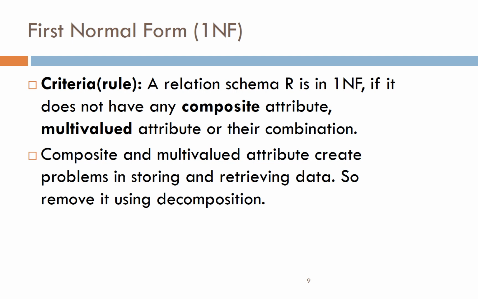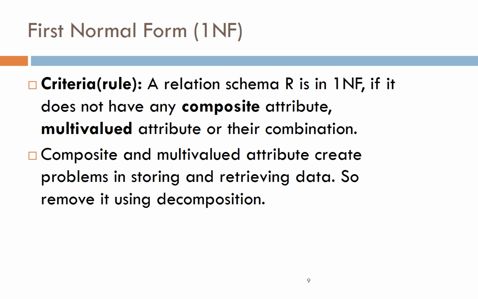And if it is there, then you have to remove those attributes from the relation. Composite and multivalued attributes create problems in storing and retrieving the data, so remove them using decomposition. Decomposition is the process to divide the relation into one or more tables.